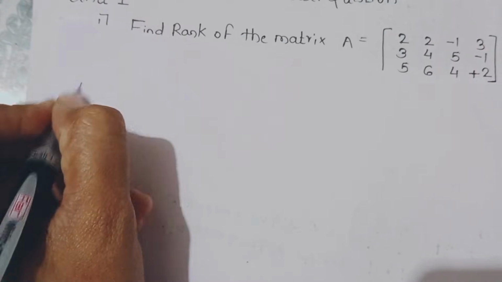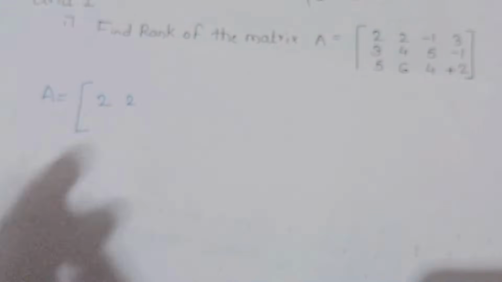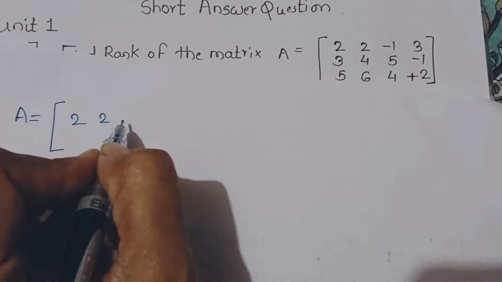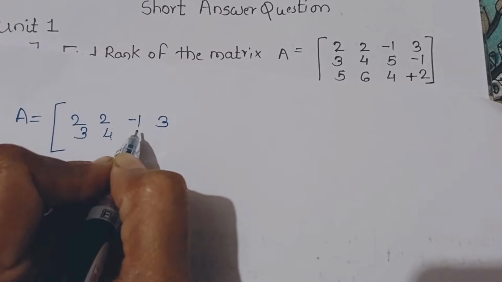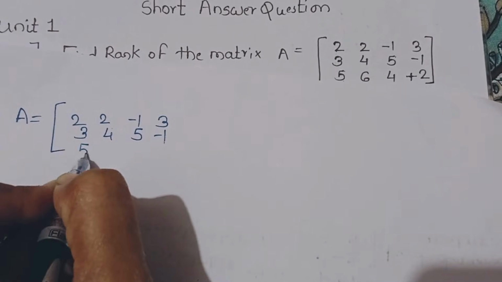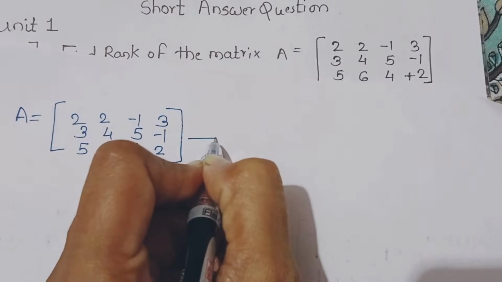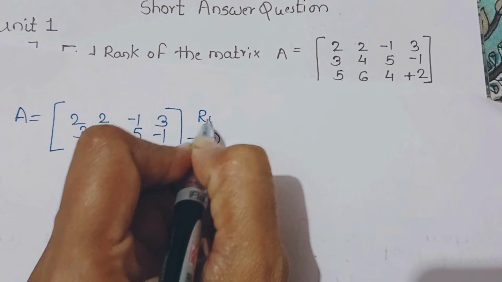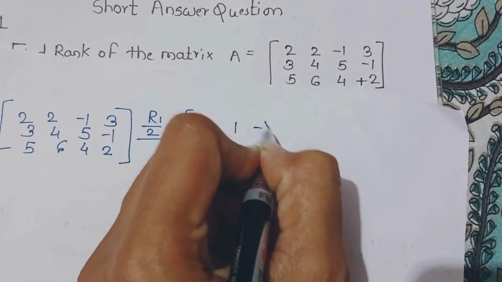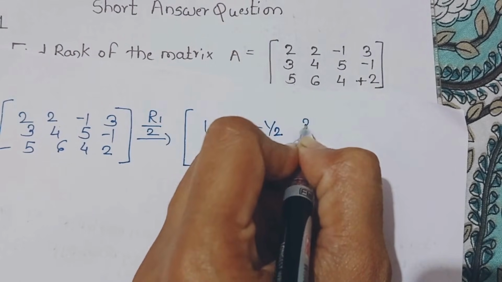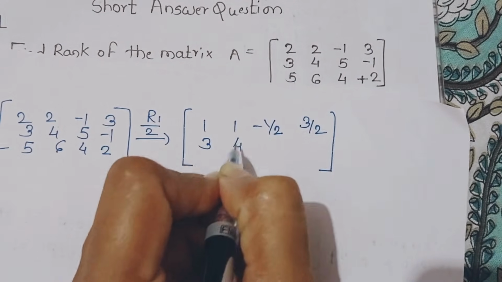So A is this one: 2, 2, minus 1, 3, 3, 4, 5, minus 1, 5, 6, 4, 2. Divide the first row by 2, we get 1, 1, minus 1 by 2, 3 by 2. Second and third rows as they are.